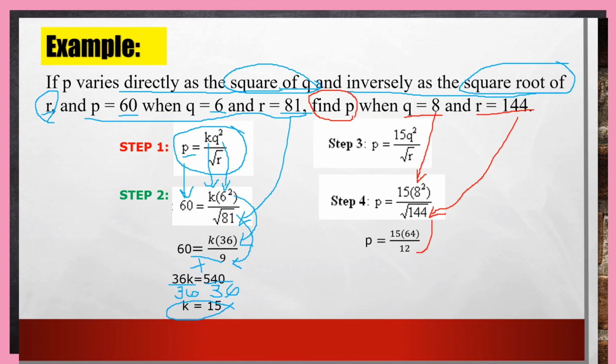So again, simplify the result. We have 15 times 64 is 960, while we write 12. Then divide 960 divided by 12. The answer is P is equal to 80. So the value of P is 80 when Q is equal to 8 and R is equal to 144.